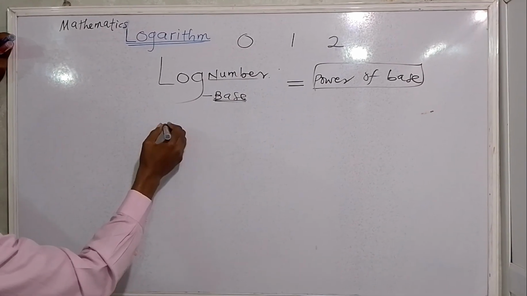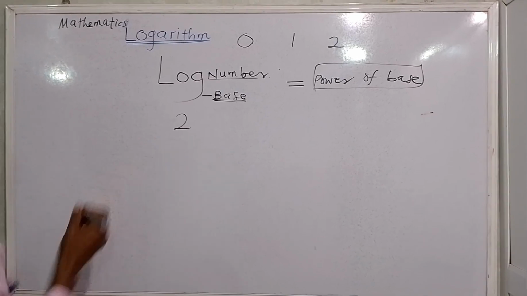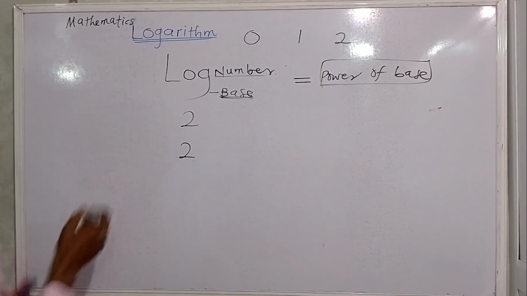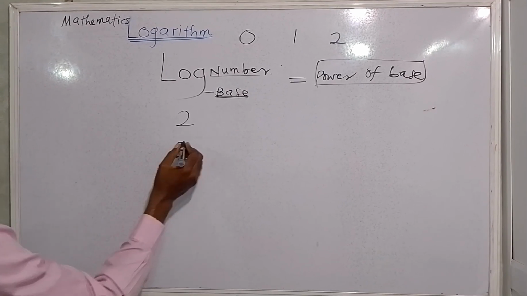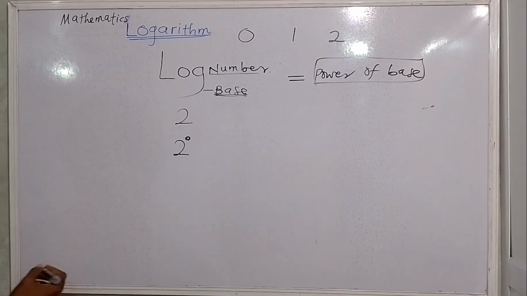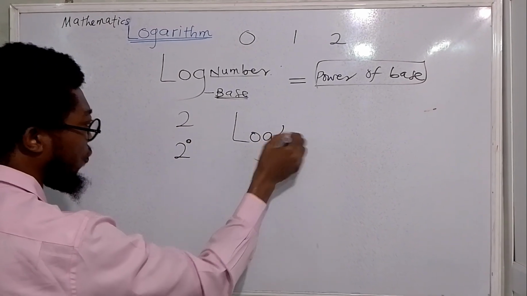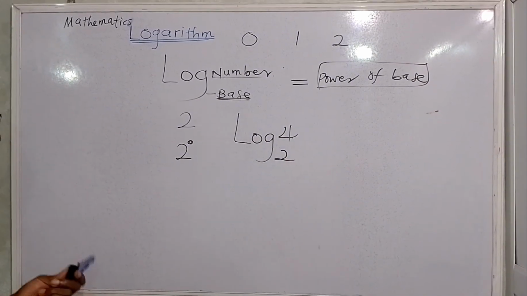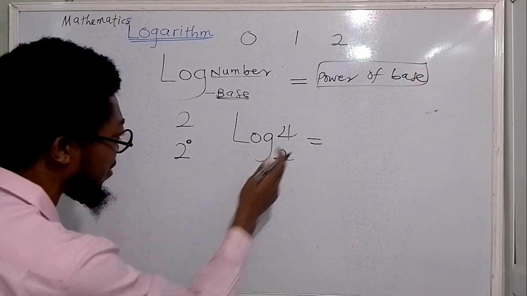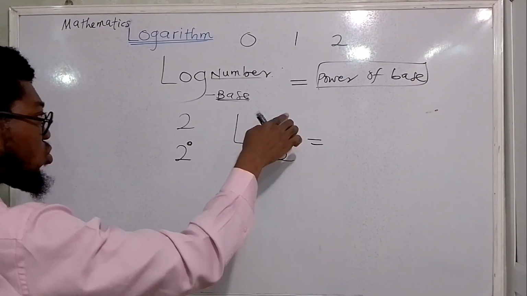For example, if I ask you what is log of 4, the question is, to what base? Let's say you tell me base 2. The answer is whatever I am going to put on this base that will change base to number. So if I say log of 4 base 2 and I ask you what's the answer, what will you put on 2 that will turn 2 to 4?